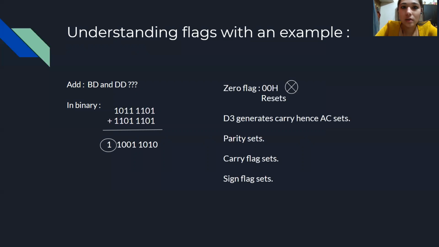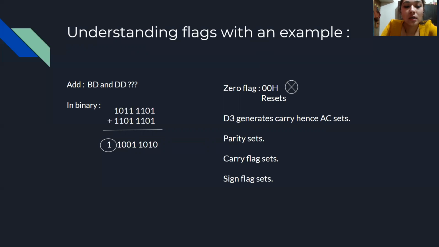Now, talking about the flags. Since the result in the accumulator is not equal to 0, the zero flag would remain reset. Now, D3 as specified generated a carry of 1 which had been transferred to D4. So it was a nibble to nibble operation and a carry being generated. So now the auxiliary carry flag will be set.